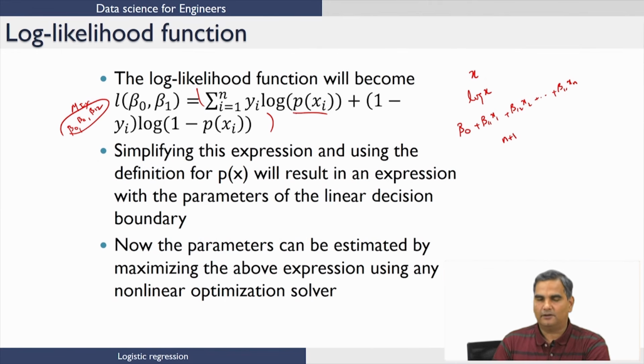These will be identified through this optimization solution, and for any new data point, once we put that data point into the p of x function, that sigmoidal function that we have described, you would get the probability that it belongs to class 0 or class 1. So, this is the basic idea of logistic regression.